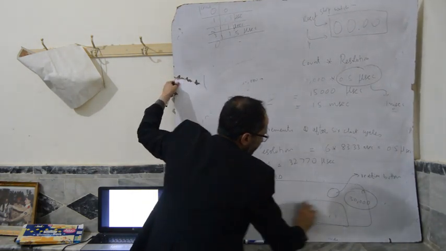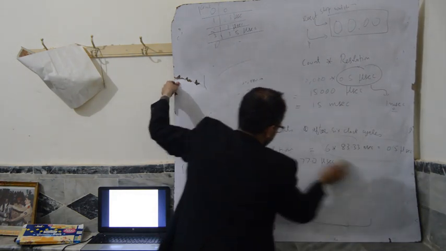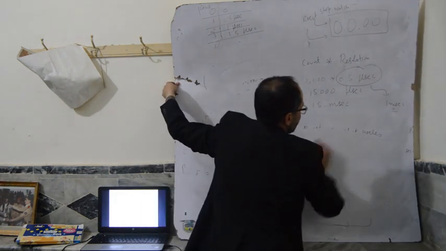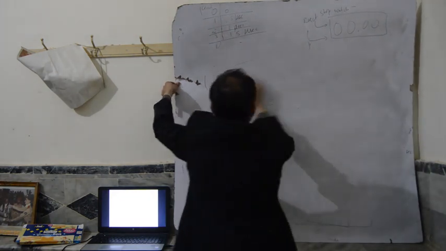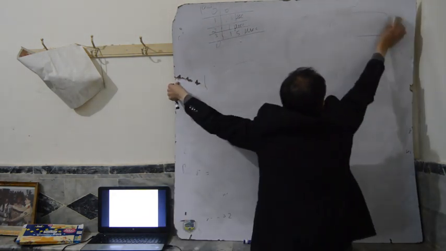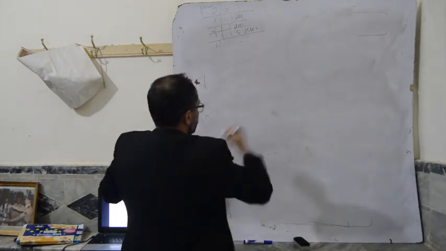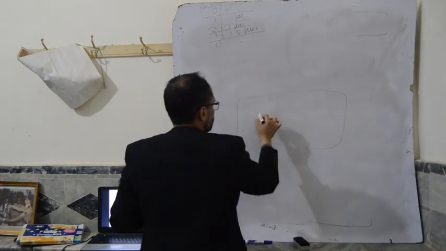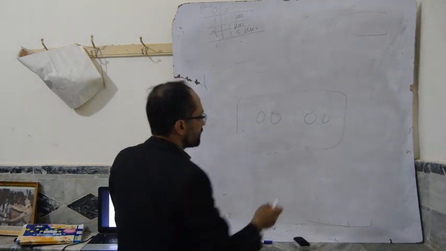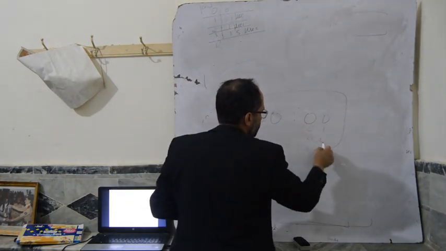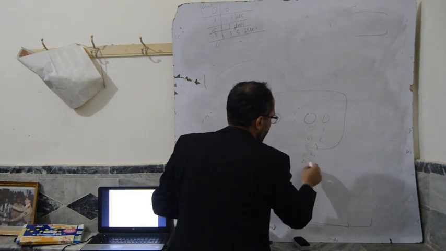An example of a reaction timer is your stopwatch. Let's assume the stopwatch shows 0, 0, where this is the minutes and this is the seconds. It counts from 0 0, 0 1, then 0 2, 0 3, 0 4, 0 5, and so forth.